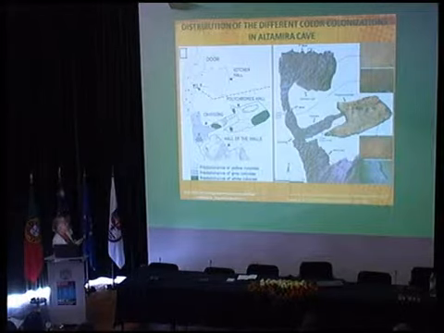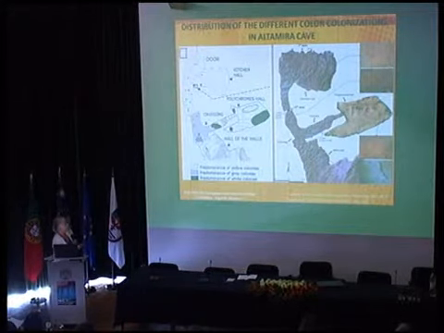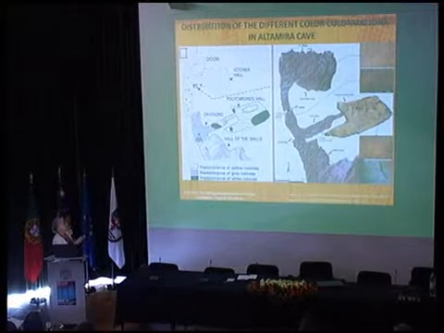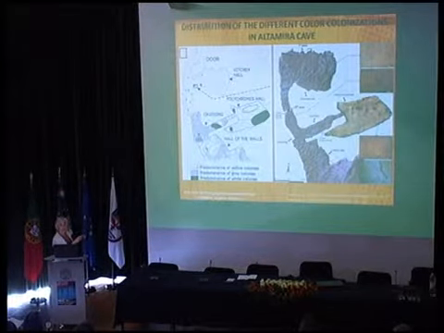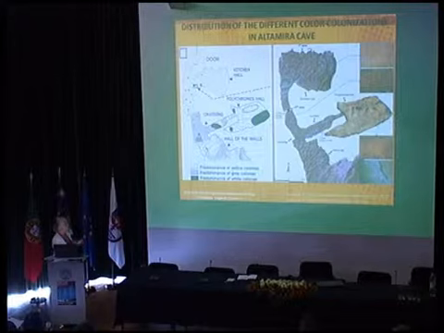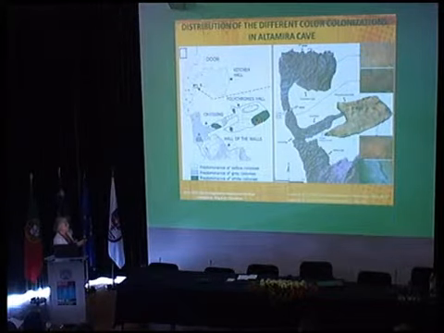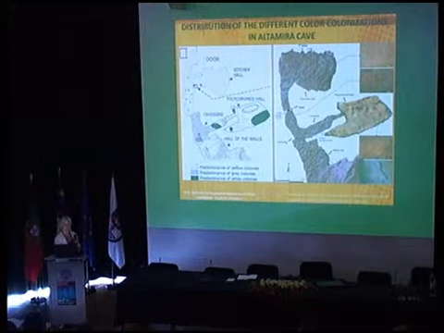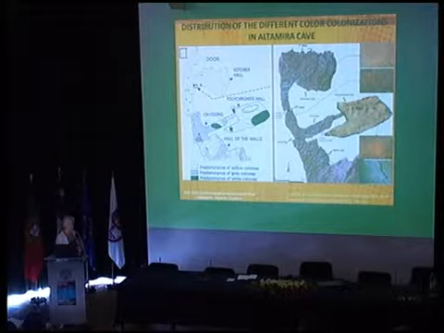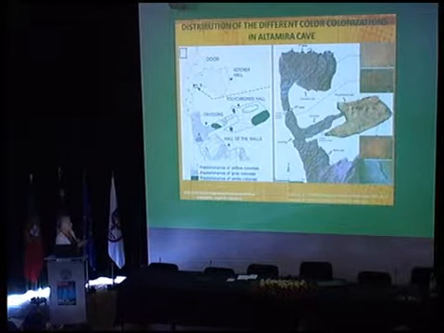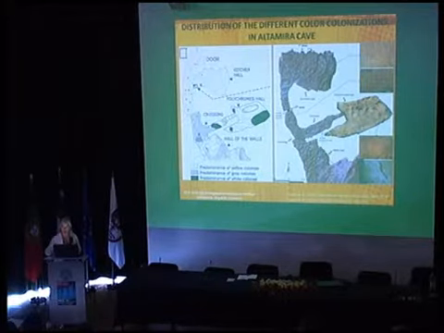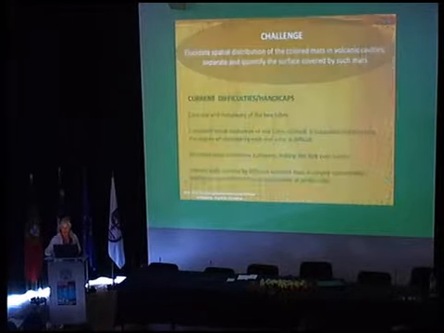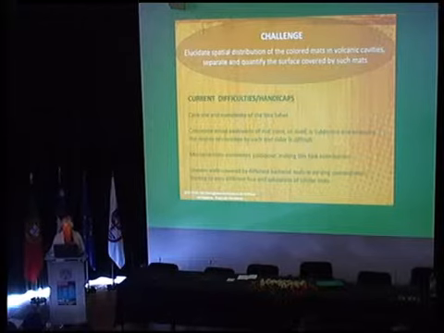For instance, in Altamira, they saw a predominance of yellow colonies in places where the microenvironmental conditions changed the most, whereas the whites were in places where the microenvironment was relatively stable, and the gray colonies were in places where the variation in microenvironmental factors was in between.